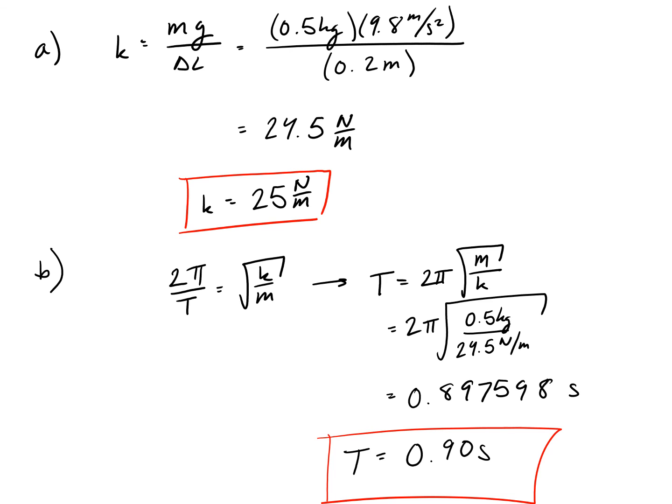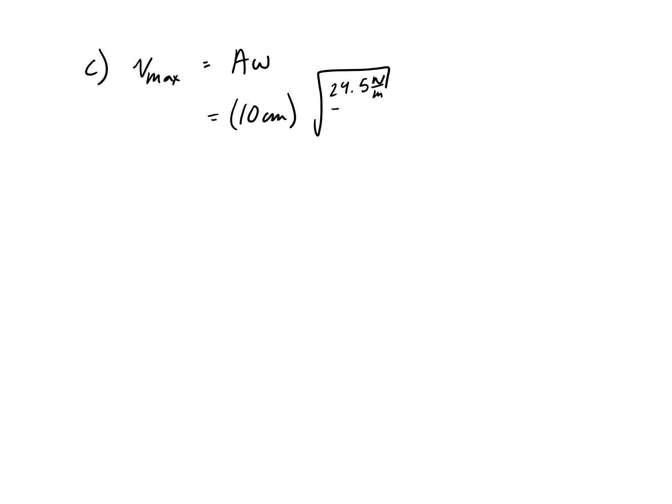All right, so let's go ahead and get to part C. Part C is just solving for the maximum speed. So that's going to be our amplitude times omega value. So we had 10 centimeters times the square root of k, so 24.5 newtons per meter divided by the mass of 0.5 kilograms. I never can seem to draw the square root big enough for that.